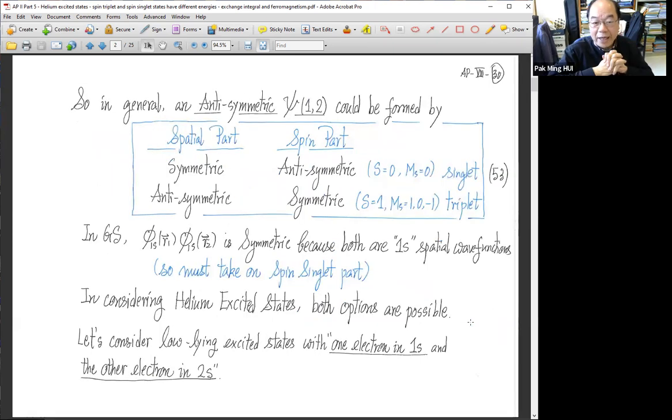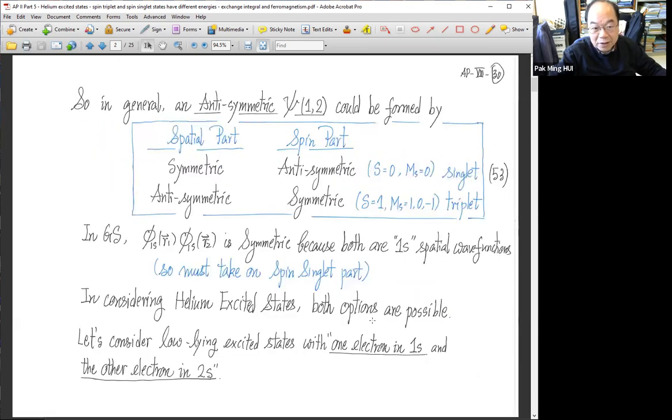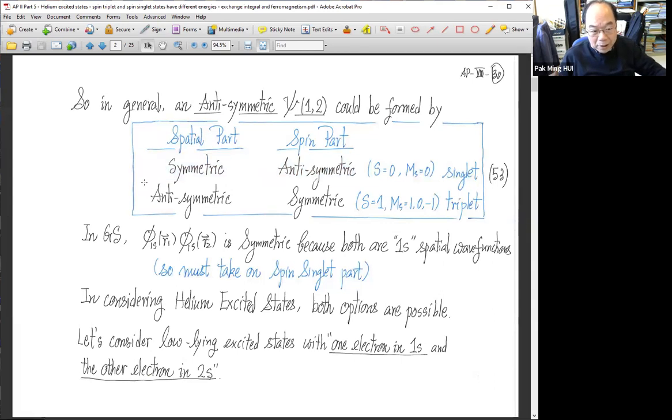But more generally, after we see that the ground state is a spatial part times a spin part, in general we have these possibilities summarized in this box. We have seen this case in the ground state: symmetric spatial part, anti-symmetric spin part. But there's another possibility.